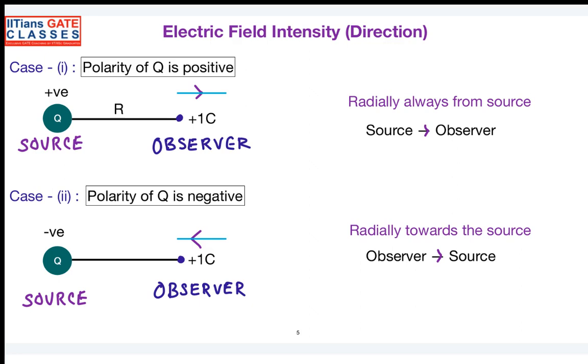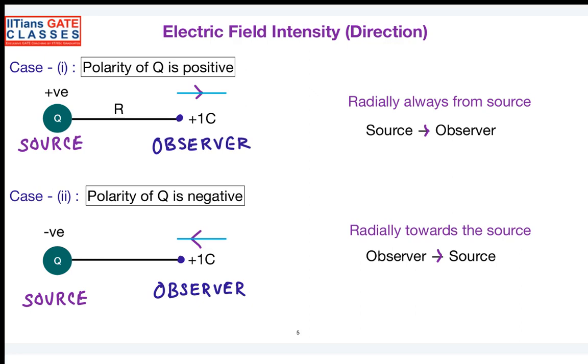Can we conclude that the direction is always from positive to negative, or that it depends on the polarity? See, if you see the first case, both are positive only, right? If they are oppositely charged, that is the reason.